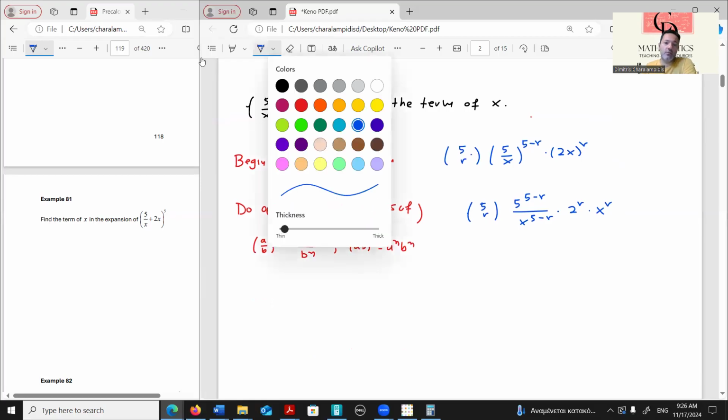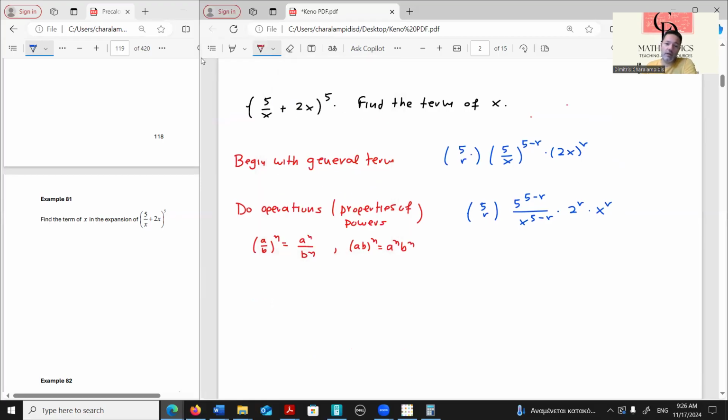Then we should rearrange the terms so that all those that do not have any x move in front.